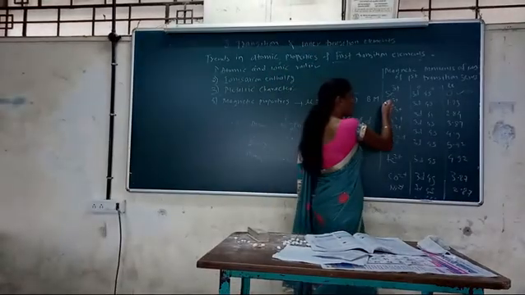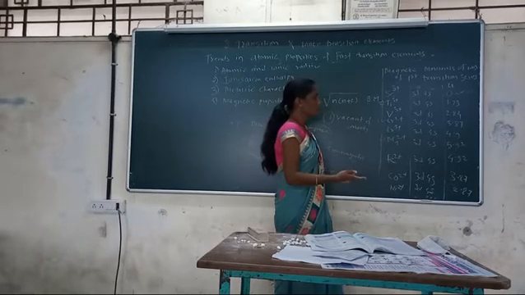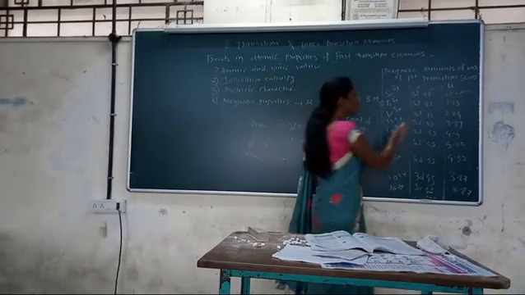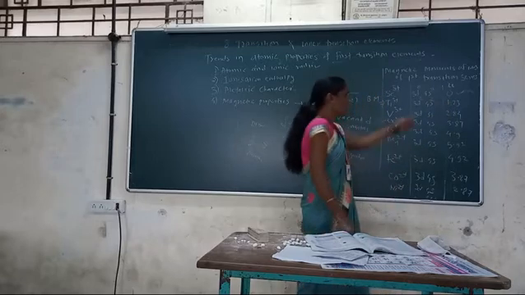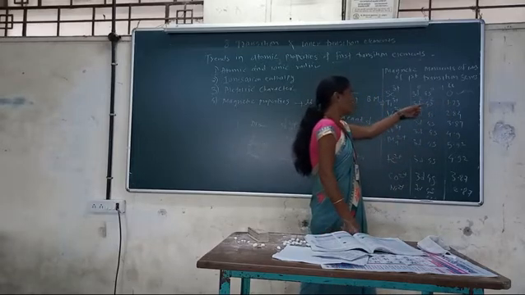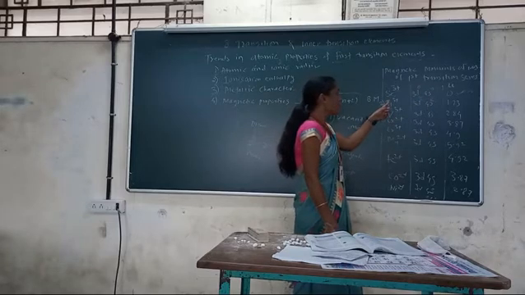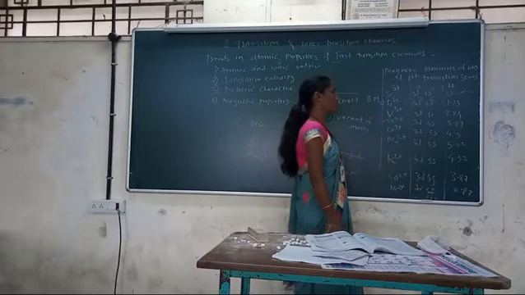Let's see the second example, titanium 3 plus. Titanium has atomic number 22, so 3d2 4s2 is the electronic configuration of titanium. But here it is titanium 3 plus, which means it has lost 3 electrons and acquires a 3 plus charge.